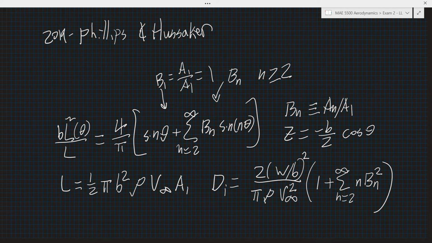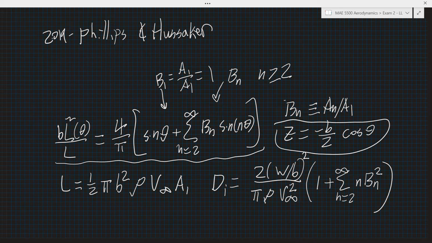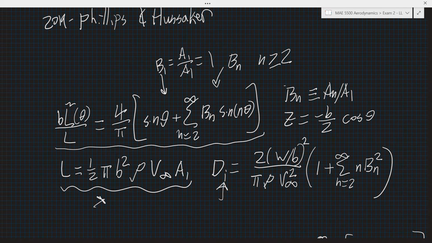This is how we define our section lift distribution. This is how we relate our B sub n to our A sub n coefficients. This is how we relate our span-wise coordinate to our theta value. And then this is the solution to that equation once again.